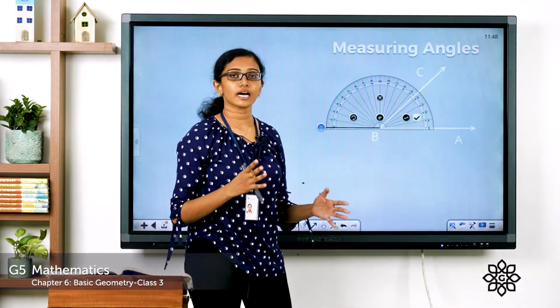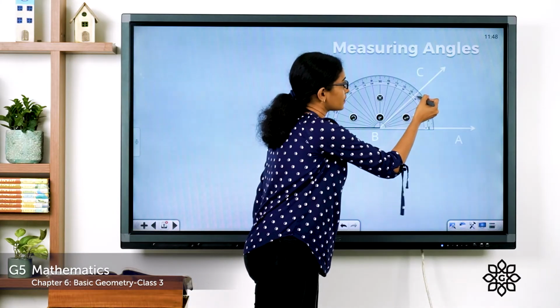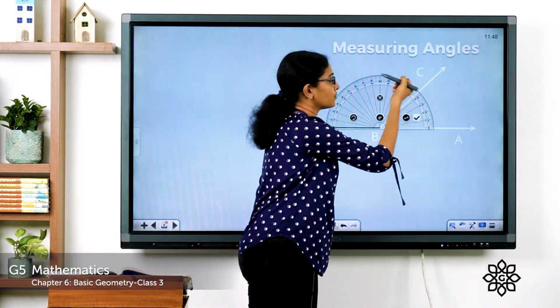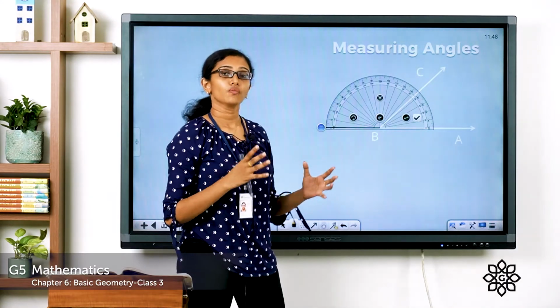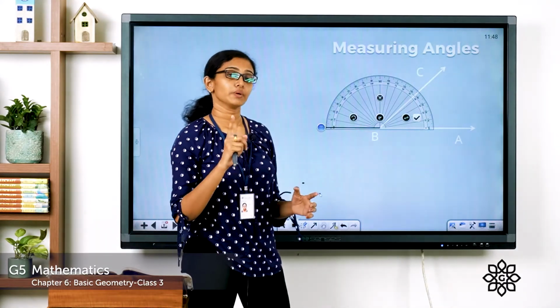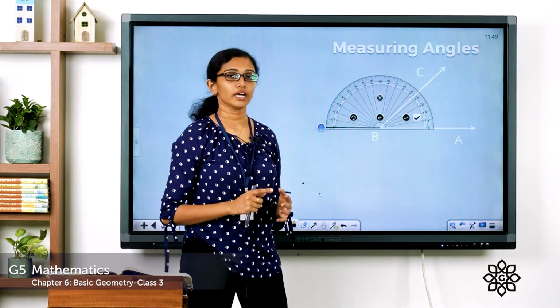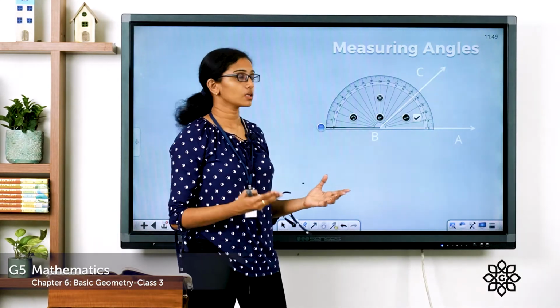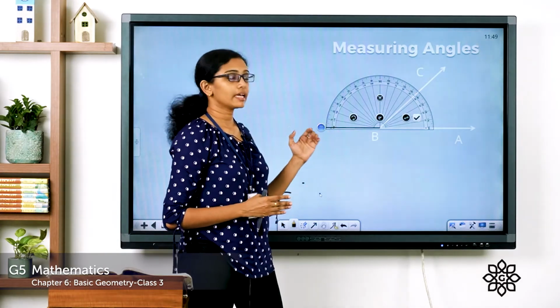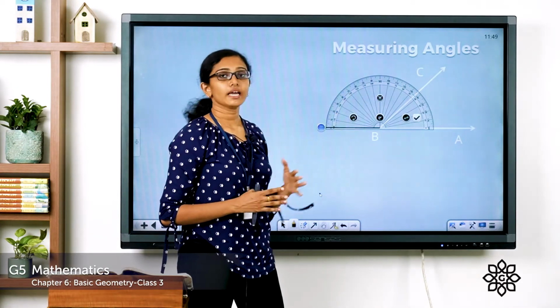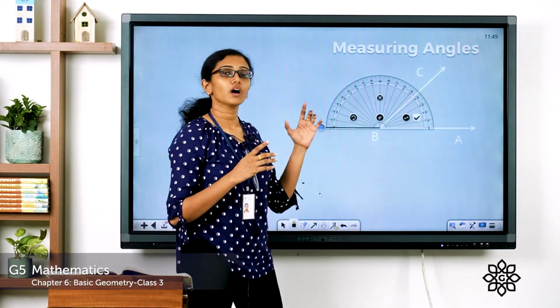How many divisions has it passed? After 40: 1, 2, 3, 4. 4 divisions after 40 degrees. So, that would be 40 plus 4 degrees because each smaller division is 1 degree, right? So, 40 plus 4 degrees is equal to 44 degrees. So, the angle ABC or angle CBA has a measurement of 44 degrees.